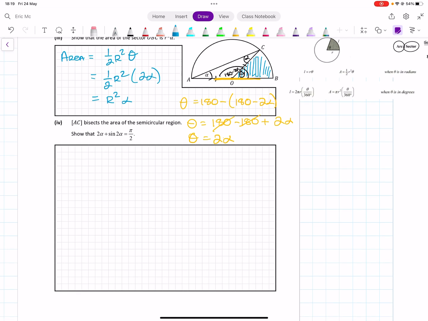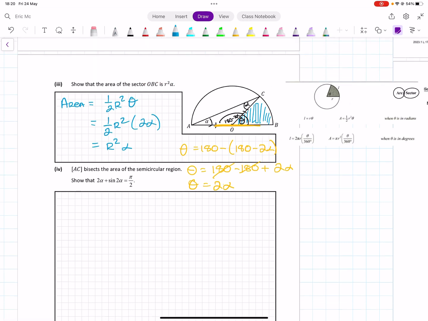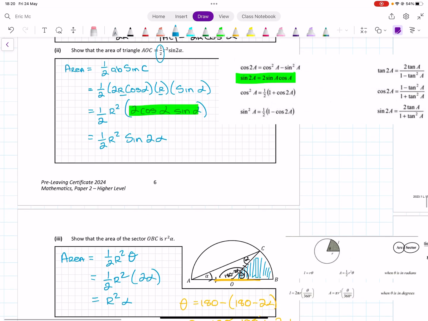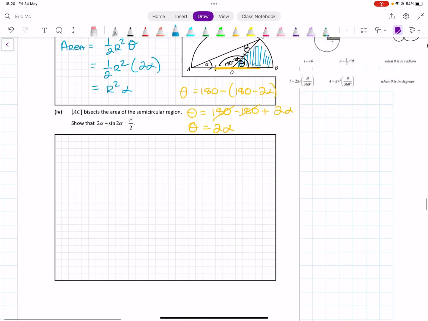AC bisects the area of the semicircular region. Show that 2 alpha plus sine 2 alpha equals pi over 2. So the area, that's the area of the sector. And then I previously got the area of the triangle.